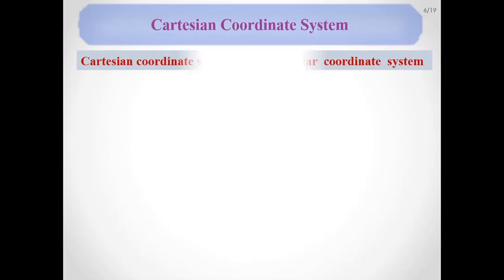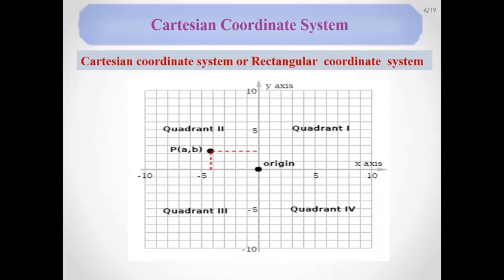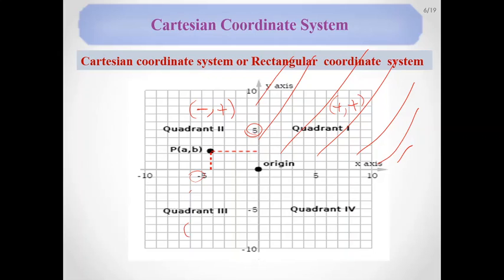There is one more thing about the Cartesian coordinates, especially about the quadrants. In the first quadrant, the x and y components are positive. In the second quadrant, all the points have negative x component and positive y component. And in the third quadrant, it's negative and negative.